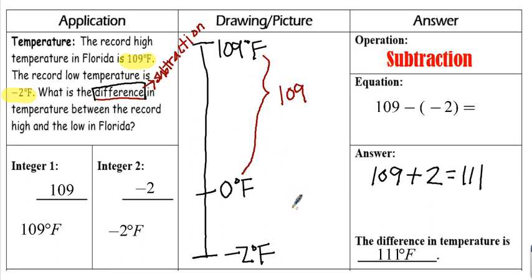Then what is the distance from 0 to -2? Again, distance can never be negative, it has to be positive. So 0 to -2 is a distance of 2 units. Again, we can think about it in terms of absolute value. And 109 and 2 together is 111, which is what we have in the answer.